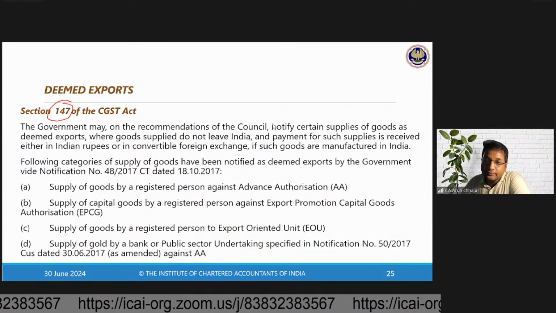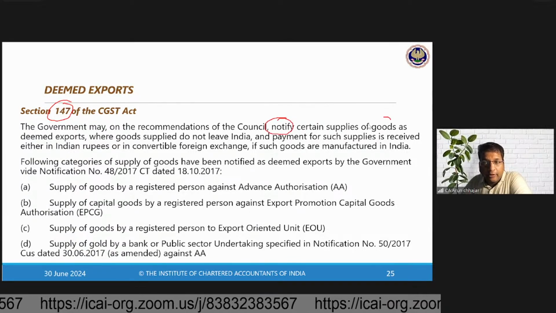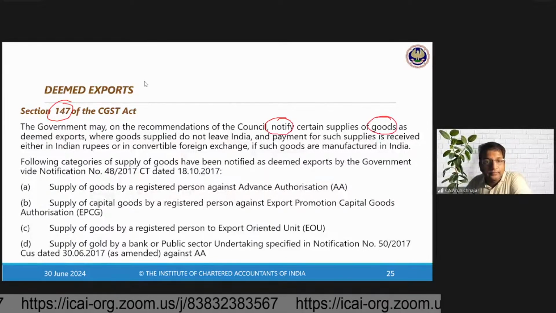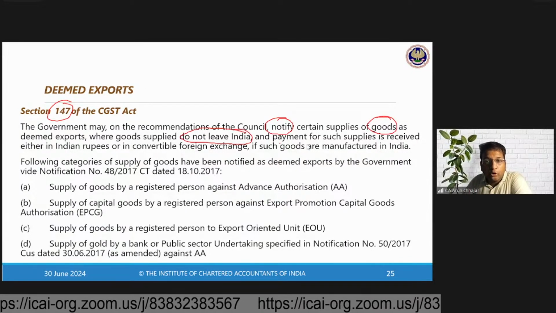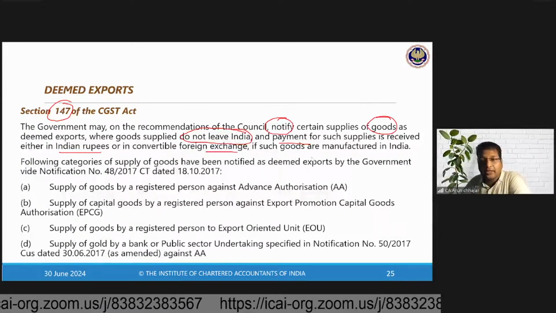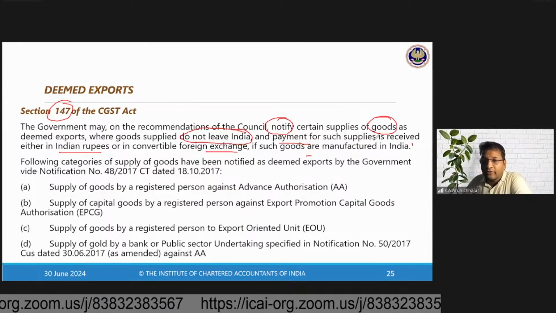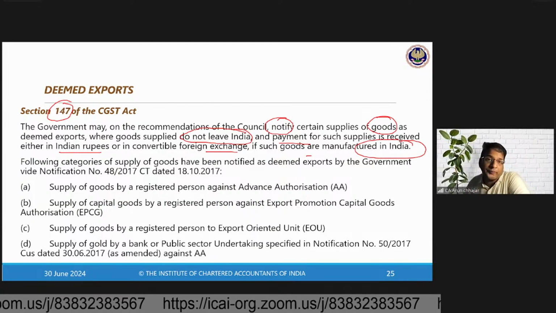It says there will be a notification. It will be only for goods. The goods do not leave India. Payment, no problem: it can come in Indian rupees or foreign currency, but the goods should be manufactured in India. If all these conditions are satisfied, then my transaction will be deemed export.